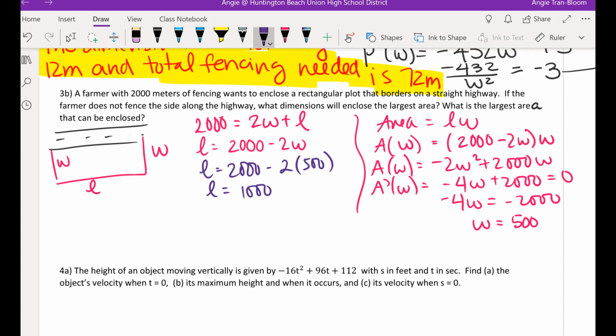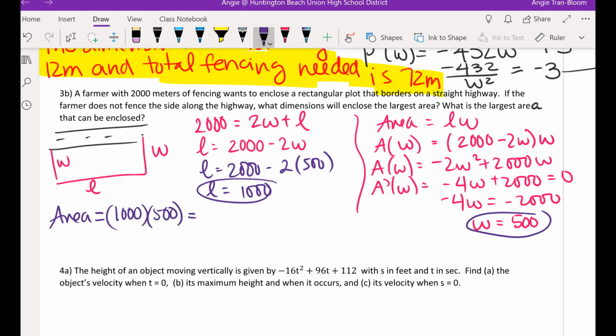Now, before I write my complete sentence, I need to find the largest area. So all I have to do is plug it back in. Area is length times width. So 1,000 times 500. That's going to be 1, 2, how many zeros is that? 1, 2, 3, 4, 5. 5 zeros. So 500,000.